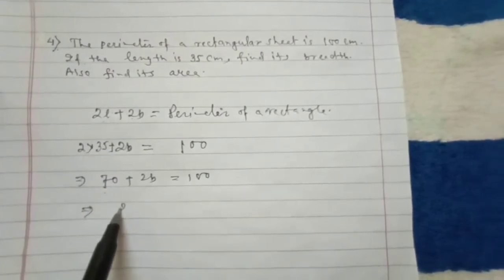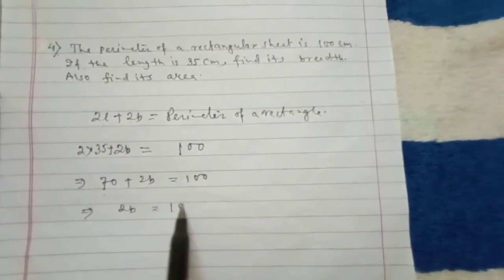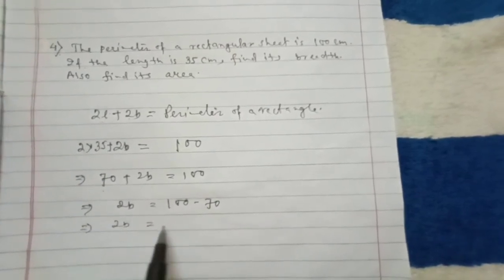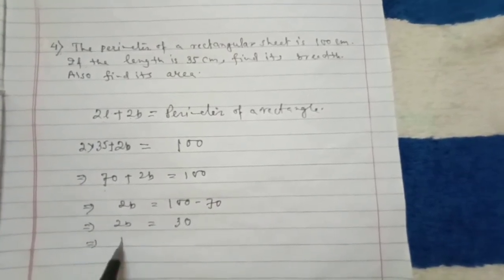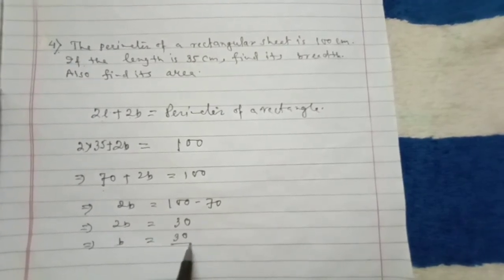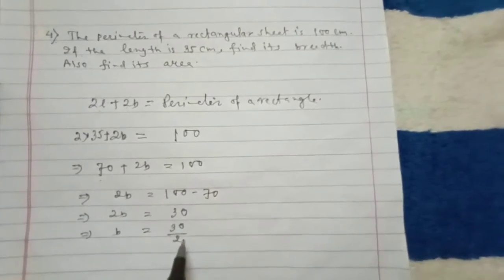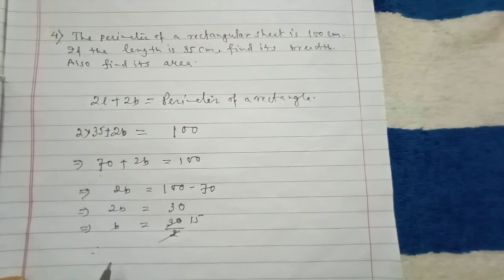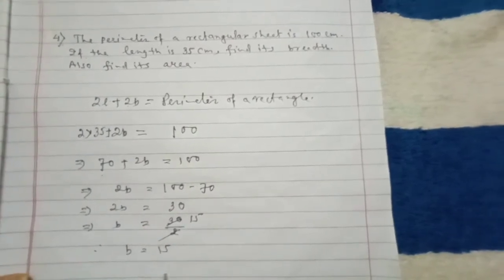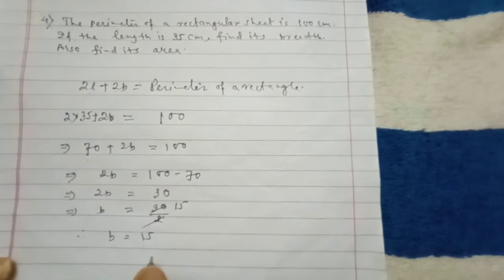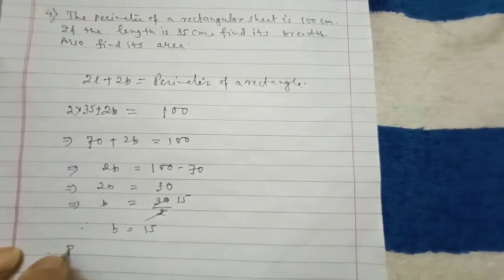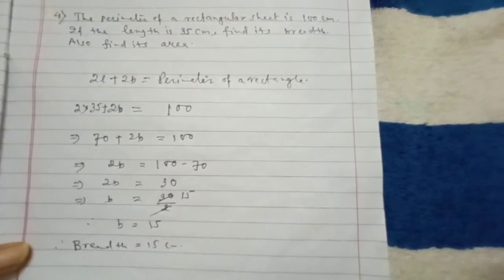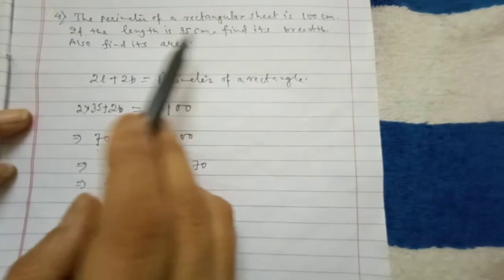Now 2B is equal to 100 minus 70, that is 2B is equal to 30. Now to find the value of B, 2 was multiplied here, so 30 by 2 is 15. Therefore breadth B is equal to 15 centimeter.